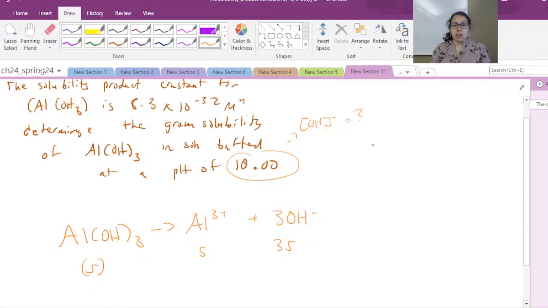Yeah, so the pOH. So let's do that. pOH should just be 4, and then let's find our concentration. 10 to the power of -4.